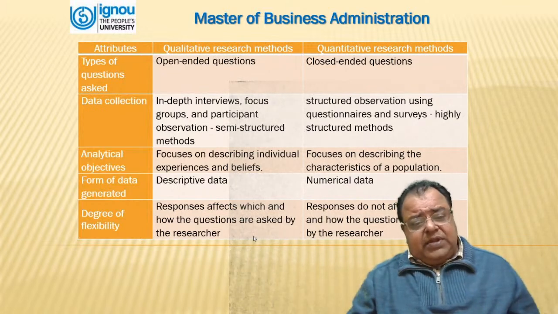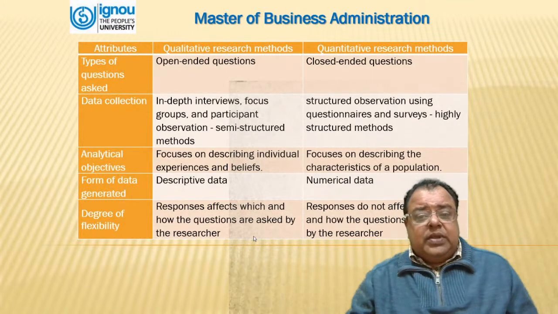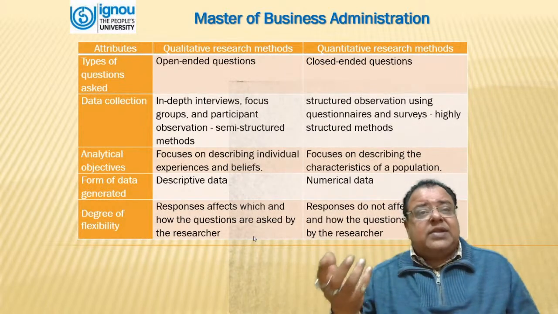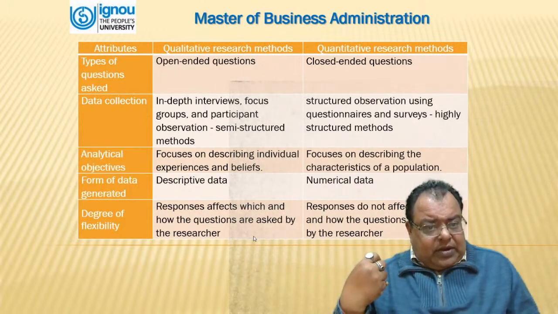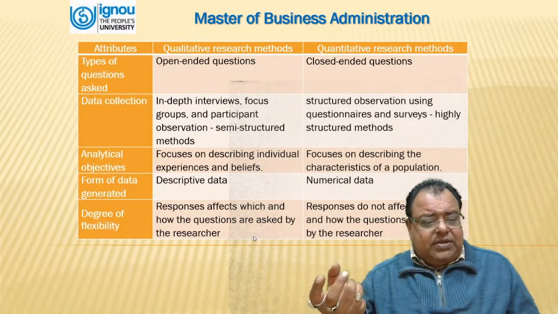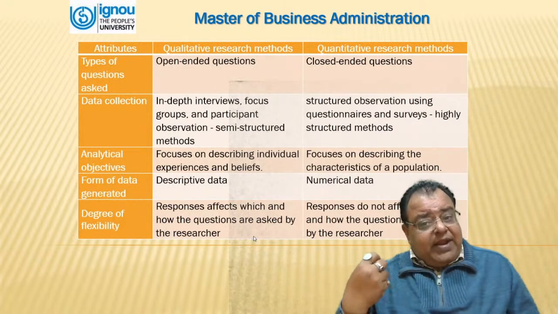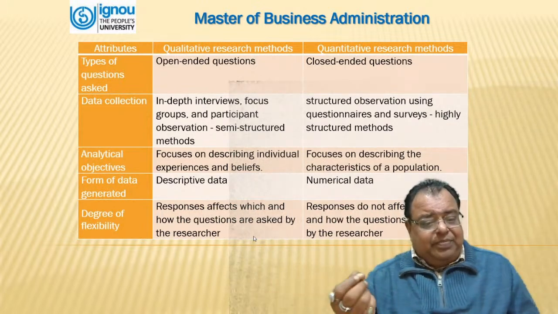Analytical objectives: qualitative research methods focus on describing individual experiences and beliefs, whereas quantitative research is related to the characteristics of a population. In qualitative research methods, descriptive data is generated, whereas in quantitative research methods, numerical data is generated.